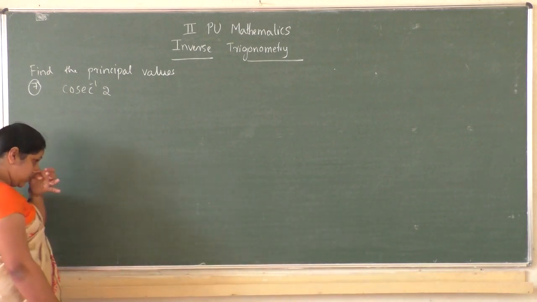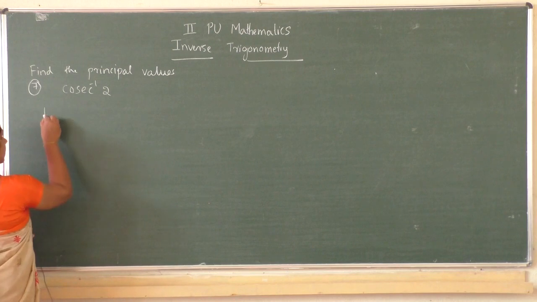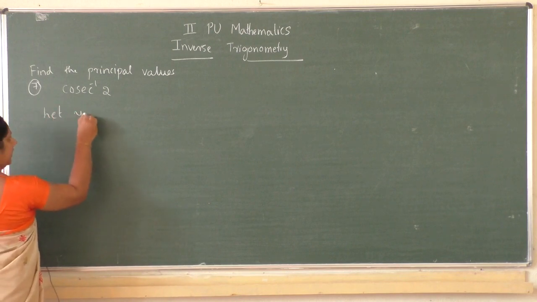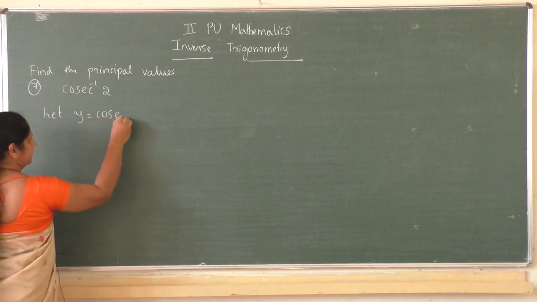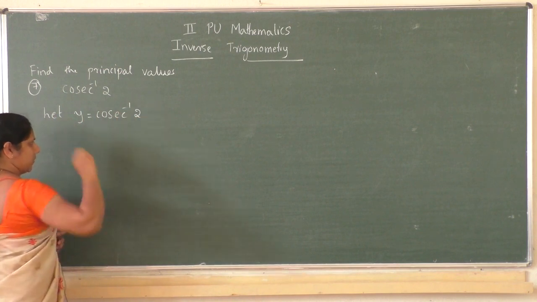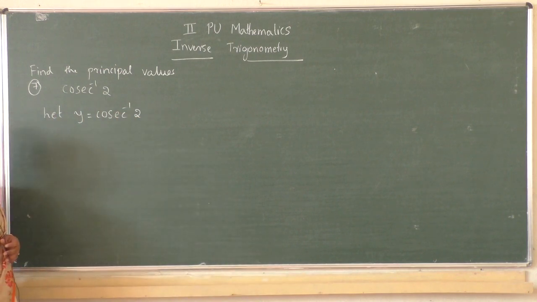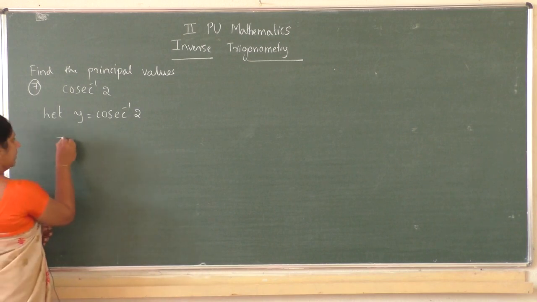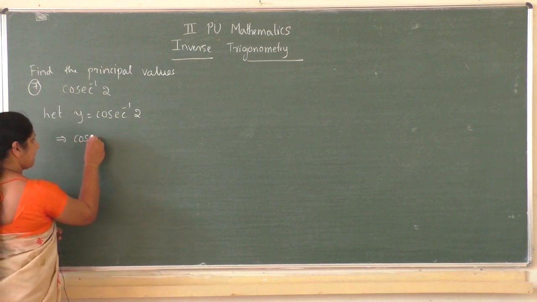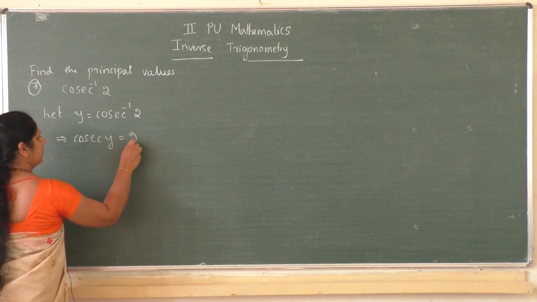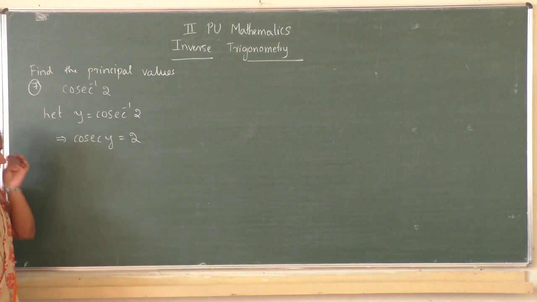Same procedure. What is the procedure? You have to consider let y equal to cosec inverse 2. So if y equal to cosec inverse 2, that implies cosec y equal to 2.